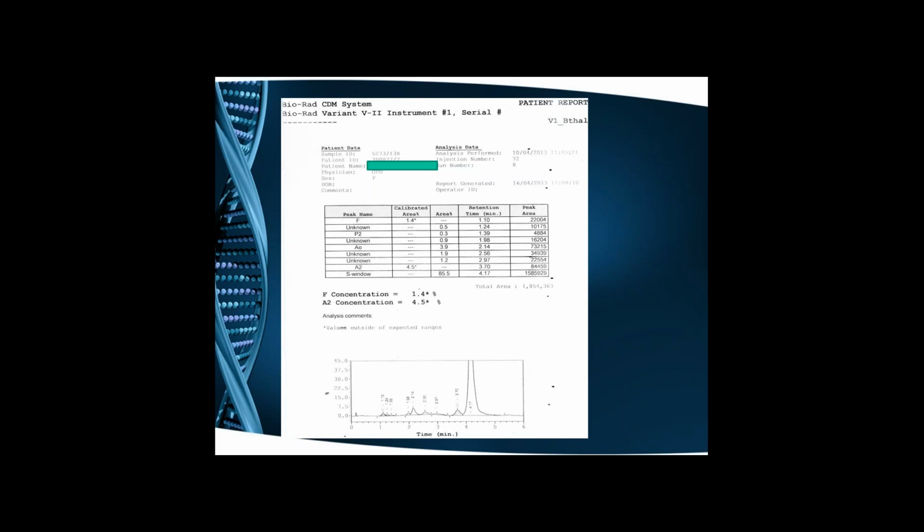Her problem was that whenever she sent an HbA1c, the report that would come was that it was not able to be quantified. So she came to us, we did an HPLC, and found that the HbS levels are high, that is 85.5%.